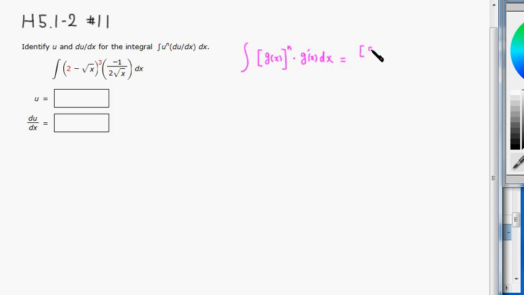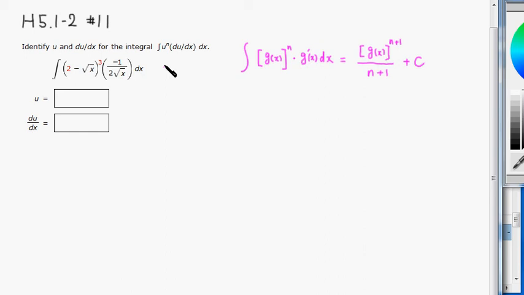You have the quantity g of x, raised to the power plus 1, and divided by that power, so n plus 1, plus c, right?